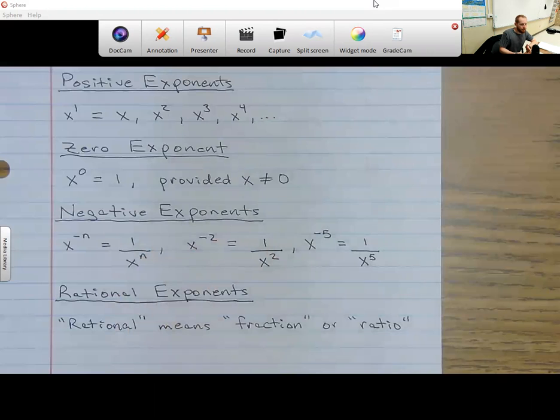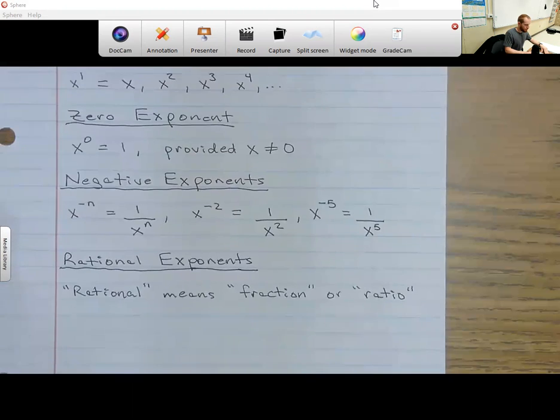So you could have x to the 1/2 power, you could have x to the 2/3 power, or x to the 55/54 power. So let's see how this is actually written when we do this. Here's a formula that you're going to want to remember.